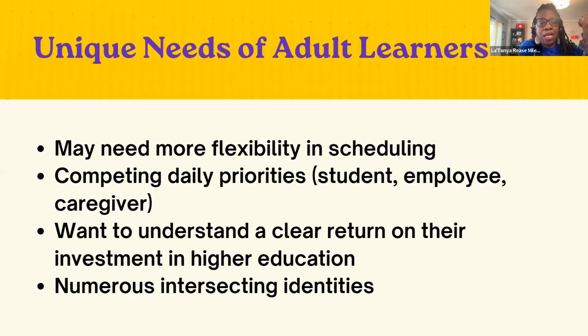Because adult learners often have multiple responsibilities, and while going to school is very important, it might not be their top priority, because of caregiving and other kinds of responsibilities. So they often need more flexibility in scheduling. They might not need a whole 13 or 15 weeks for classes, often looking for a shorter period of time, and also flexibility in the time of day in which classes are offered.